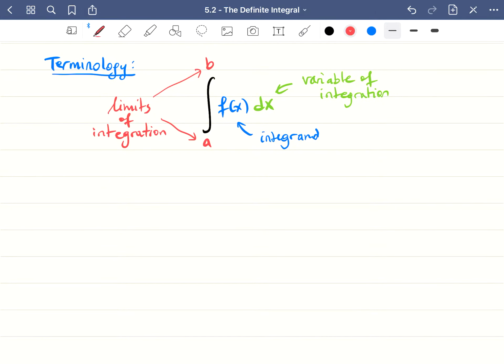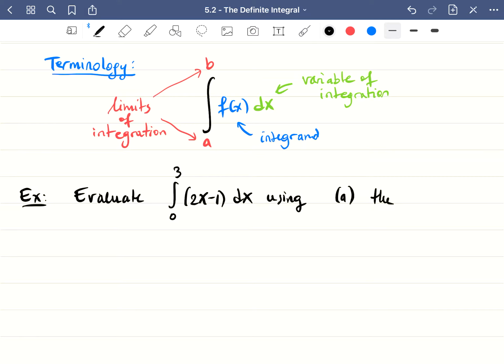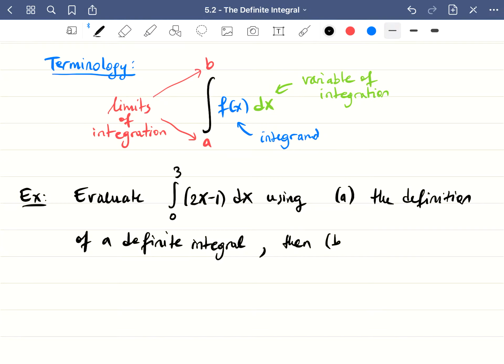Okay, so let me write down the example. Let's evaluate the integral from 0 to 3 of the function 2x minus 1, using first the definition above, so the definition of a definite integral, then using geometry.